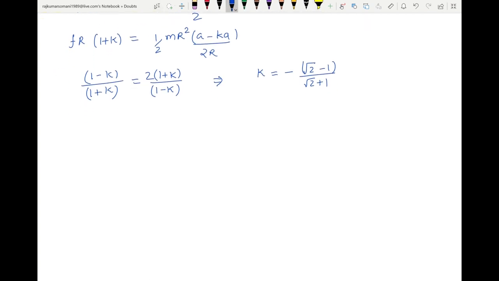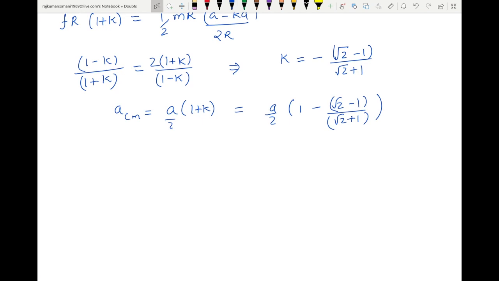So the acceleration of center of mass equals A by 2 times 1 plus K. Substituting K here, 1 plus K is root 2 minus 1 upon root 2 plus 1 subtracted from 1, which results in A by 2 times 2 upon root 2 plus 1. After rationalization it becomes A into root 2 minus 1. This should be the acceleration of center of mass. Thank you very much.